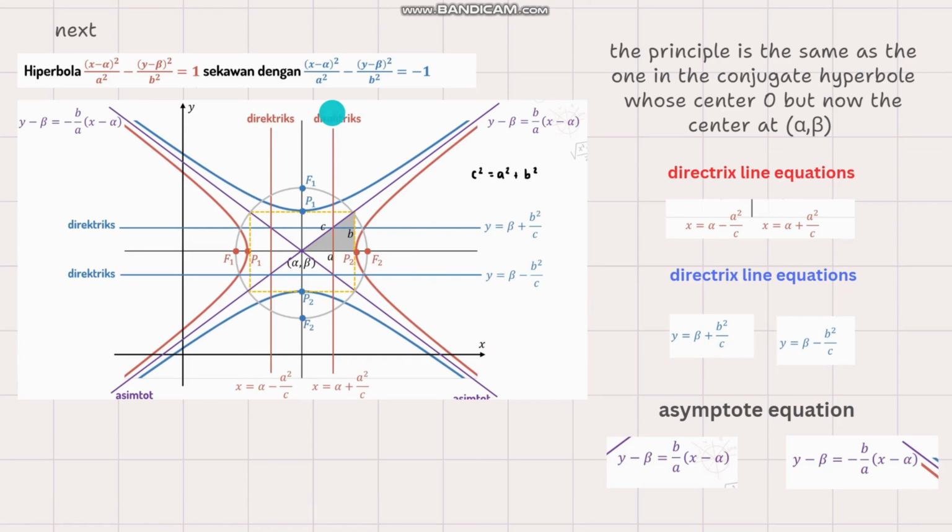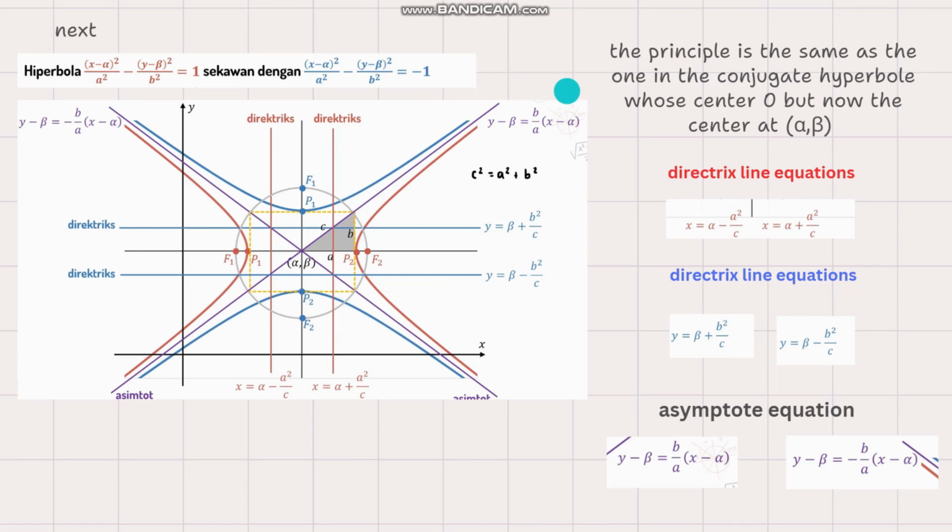Next, for the hyperbole that is centered at alpha, beta. Hyperbole x minus alpha all squared over a squared minus y minus beta all squared over b squared equals to 1 is conjugate with x minus alpha all squared over a squared minus y minus beta all squared over b squared equals to minus 1.